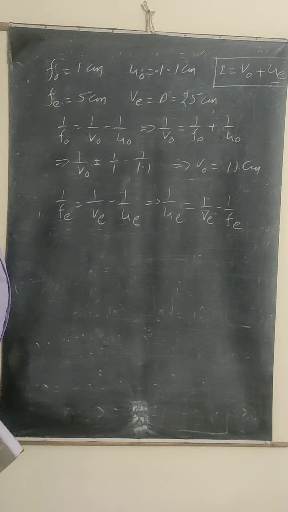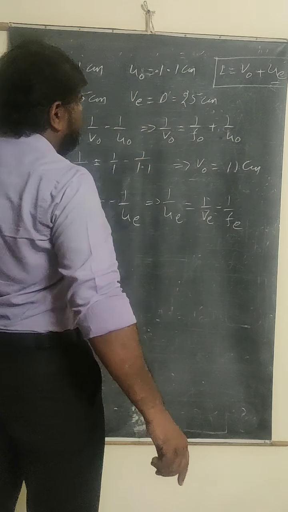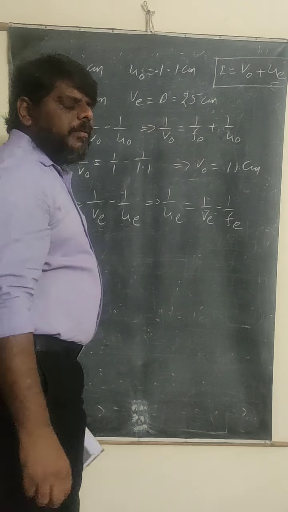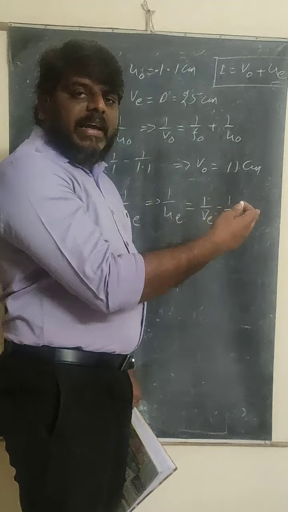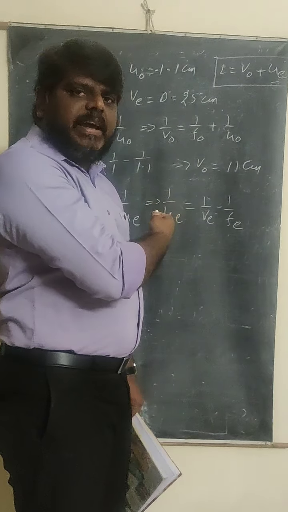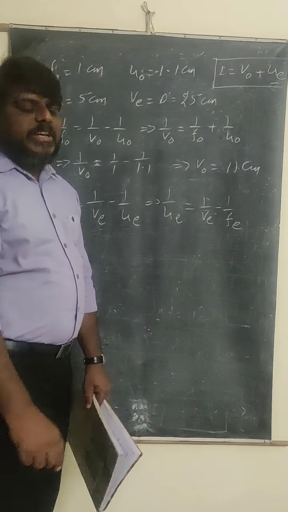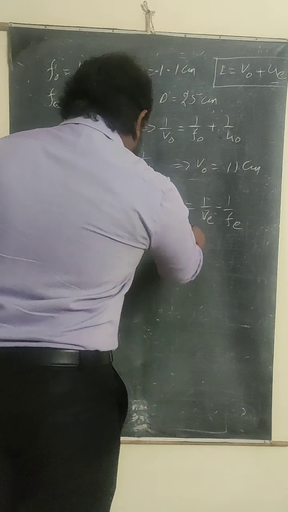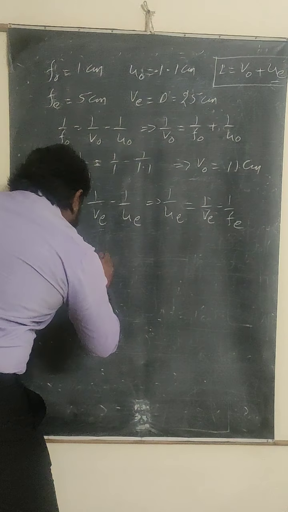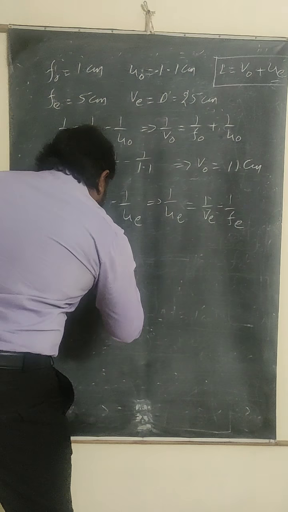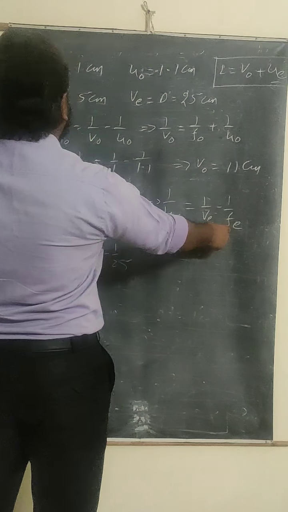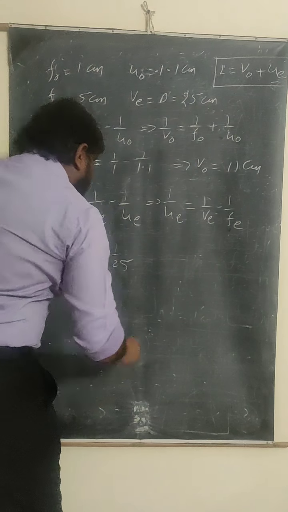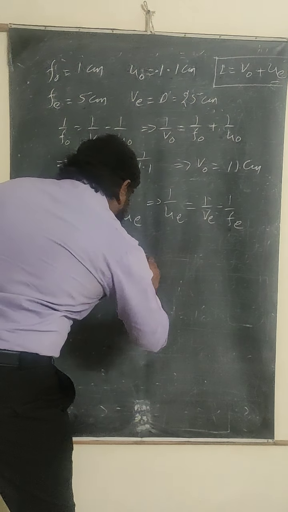We have both the values with us. The VE value is 25 centimeters, and we have to take it as minus, because for the eye lens, the image is formed on the left hand side, and the object is also on the left hand side. Both are on the left hand side. So 1 by UE is equal to minus 1 by 25, and the FE value is 5 centimeters, so minus 1 by 5.